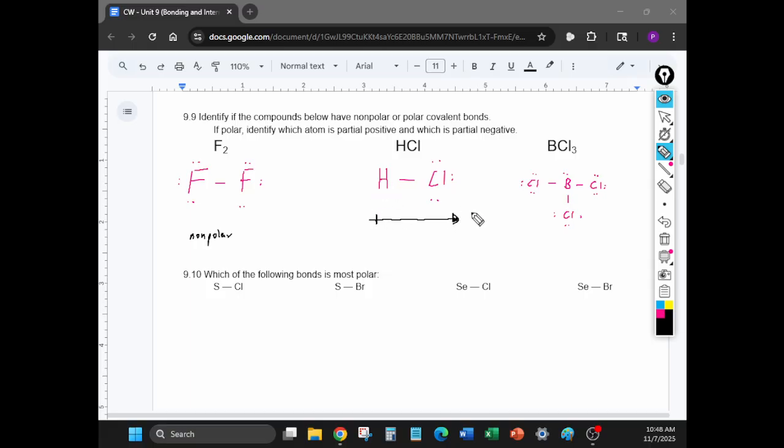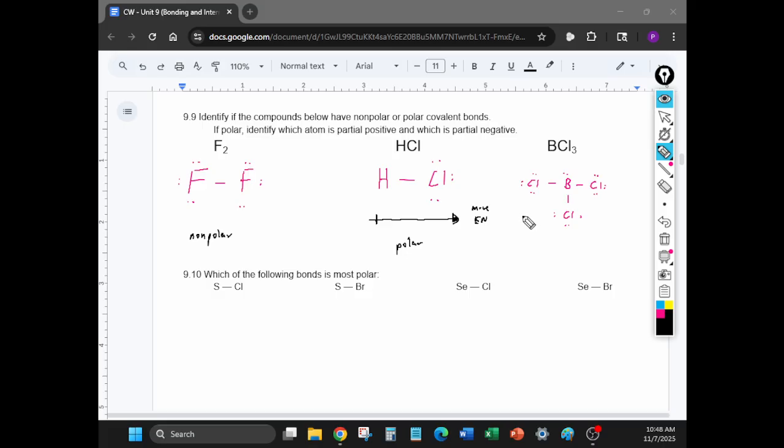You point the arrow towards the more electronegative element, and then put a little line through it. So this arrow indicates polarity. Whichever way it's pointing, that side is going to be the more negative one. Again, this is going to be a polar bond.